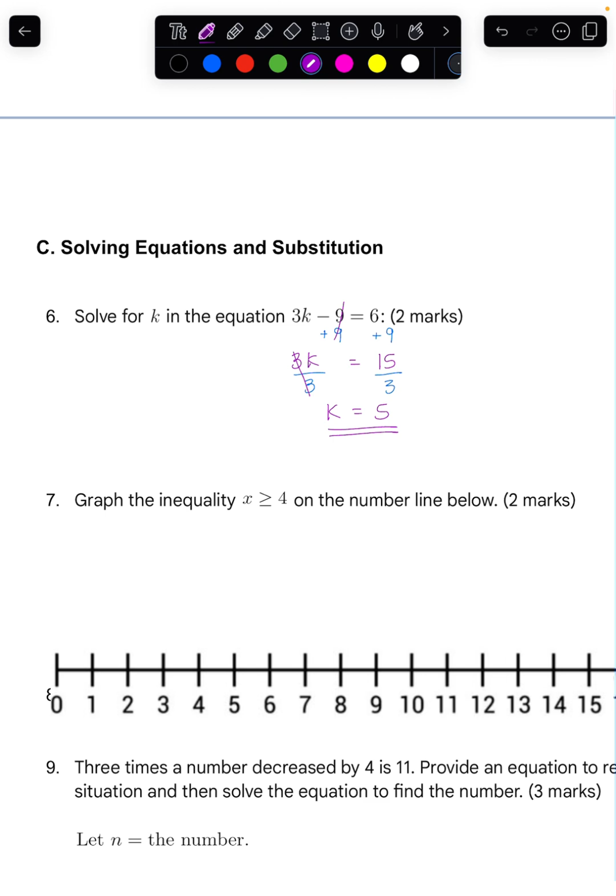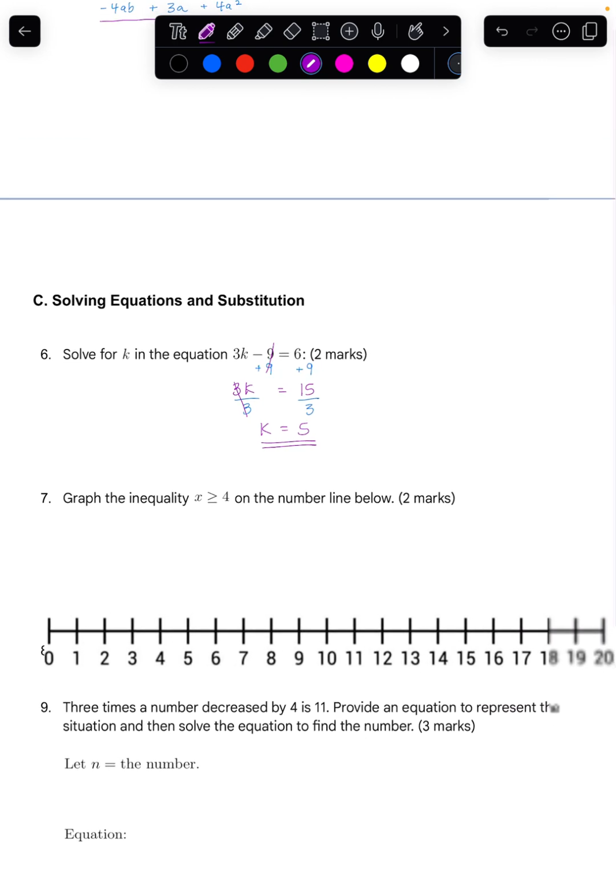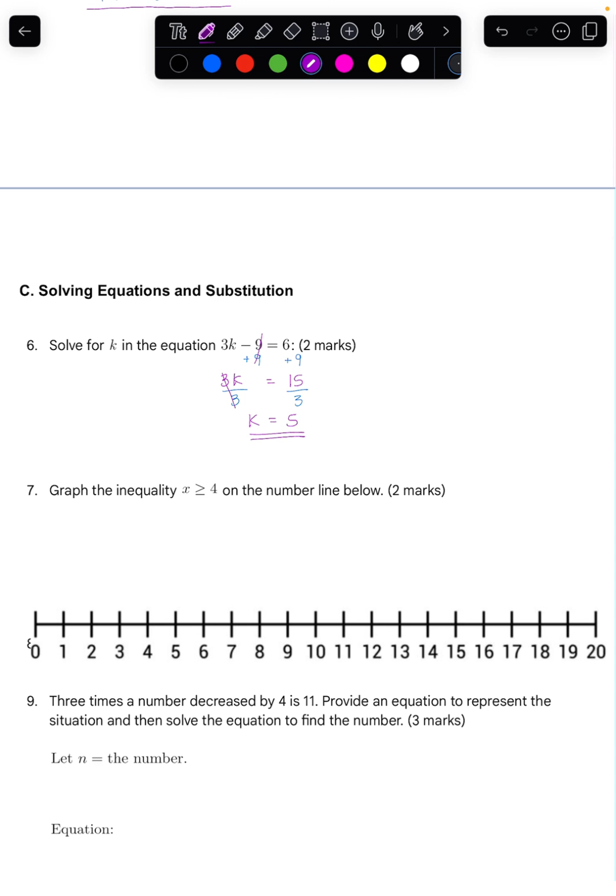Okay, the next one says graph the inequality. And our inequality is x is greater than or equal to 4. So if we remember from our lesson, whenever we have a greater than or equal sign, or a less than or equal sign, we use a closed circle, so a circle that we fill in.